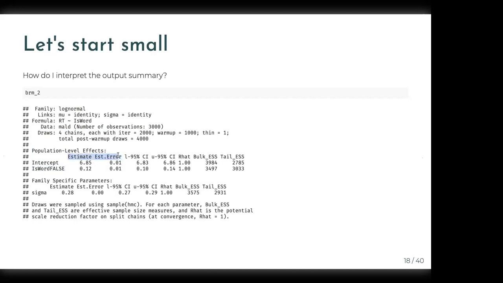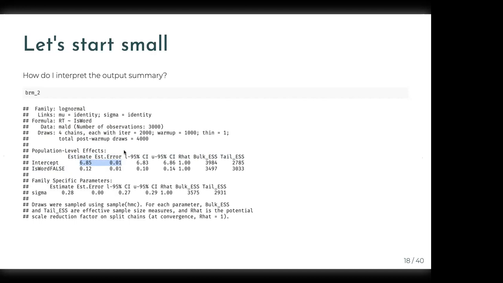And this might look very familiar, the same as what you would get with lme4. In fact, you can think of these as the same things that you would get from lmer.